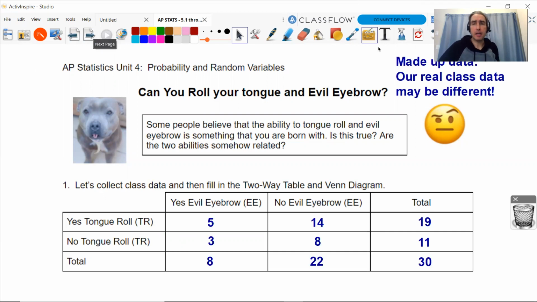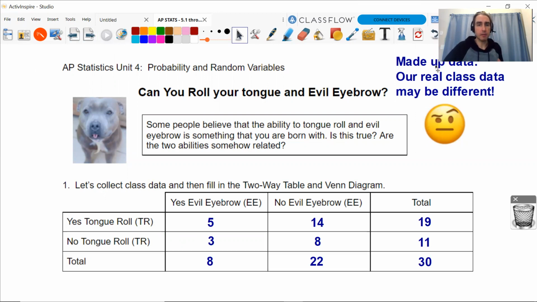So here's some made-up data here. Let's assume that our real class data is going to be different, so it might be a little bit off. But for right now, there are some people that can do the evil eyebrow and roll their tongue. Some can only do the evil eyebrow, but they can't roll the tongue. So I'd be in this group here.